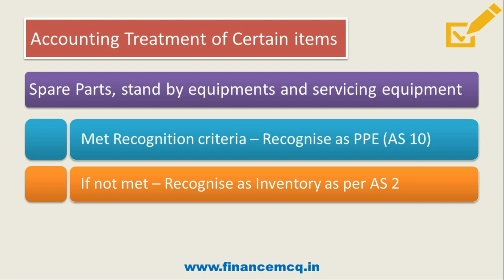We have already discussed that in our previous video, so you can go and check that out. So I hope this point is clear, that spare parts etc., if they meet the recognition criteria, will be recognized as PPE, and if the criteria are not met, they will be treated as inventory items. Now let's move on to the next point.